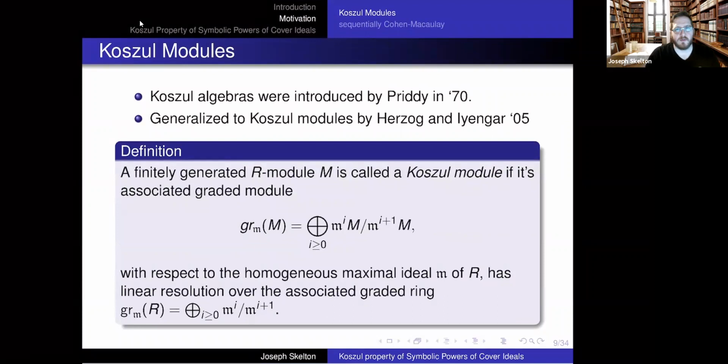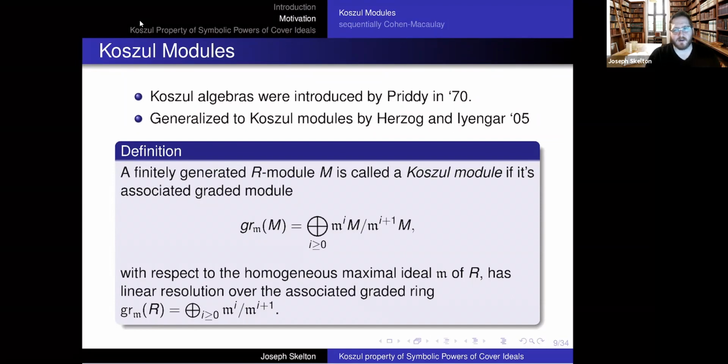So what are Koszul modules and why do we care? Koszul algebras were introduced by Priddy in the 70s. They were generalized to Koszul modules by Herzog and Iyengar in 2005. They've also been referenced and used extensively by lots of people under various names, so they have a very long history.